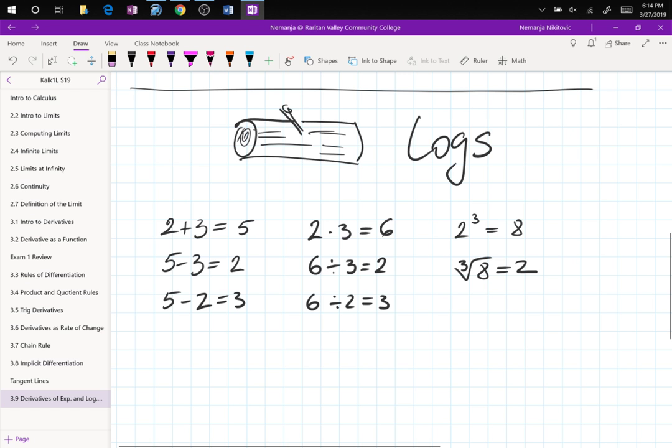Log base 2 of 8. Yes, log base 2 of 8 is 3. That's where it fits in the universe.